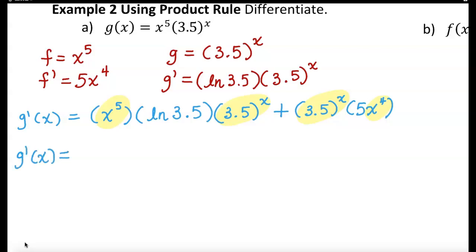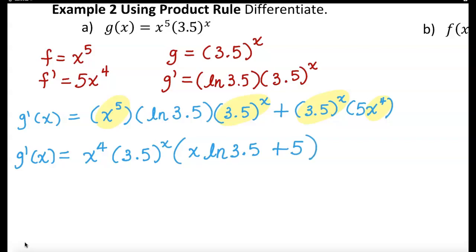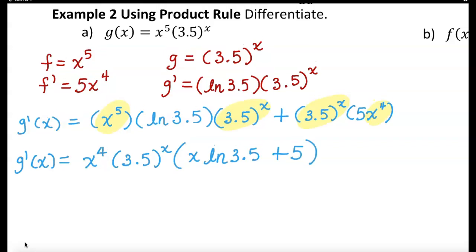I will have x to the fourth power outside times 3.5 raised to the x power, and that's getting multiplied by x times natural log of 3.5 plus 5. Isn't that right? So I am done with this problem.